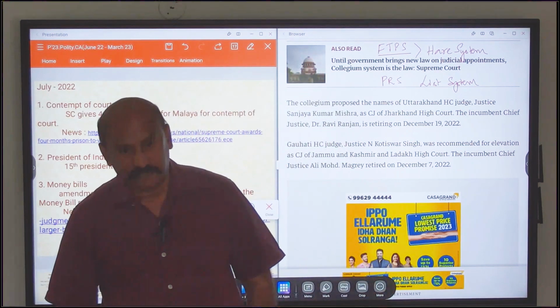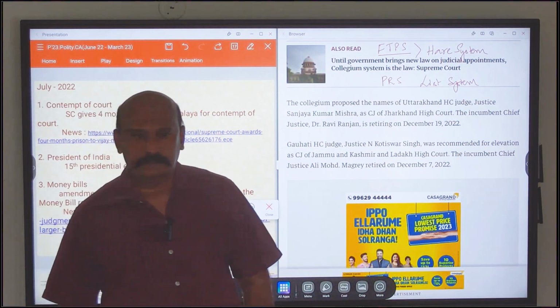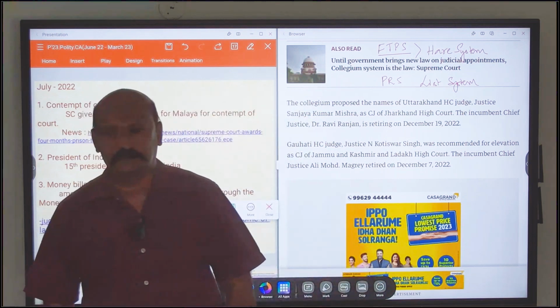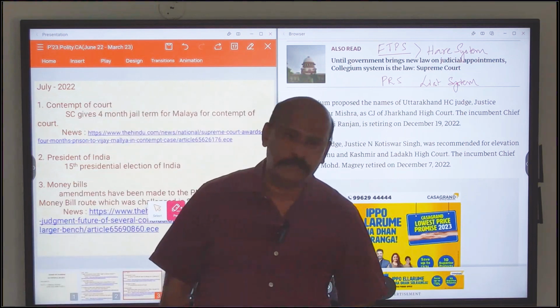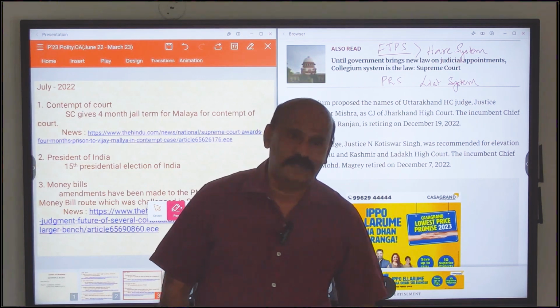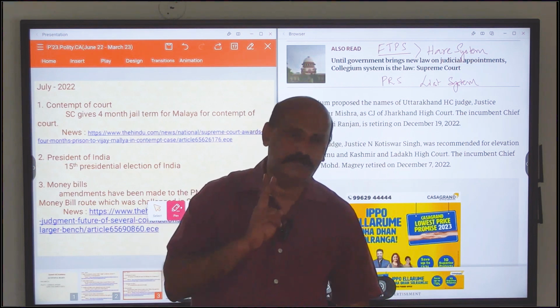How is the vice president of India elected? How is he removed? And how many vice presidents have had 2 terms in office? Only 2 vice presidents: one is Sarvepalli Radhakrishnan, the other is Hamid Ansari.